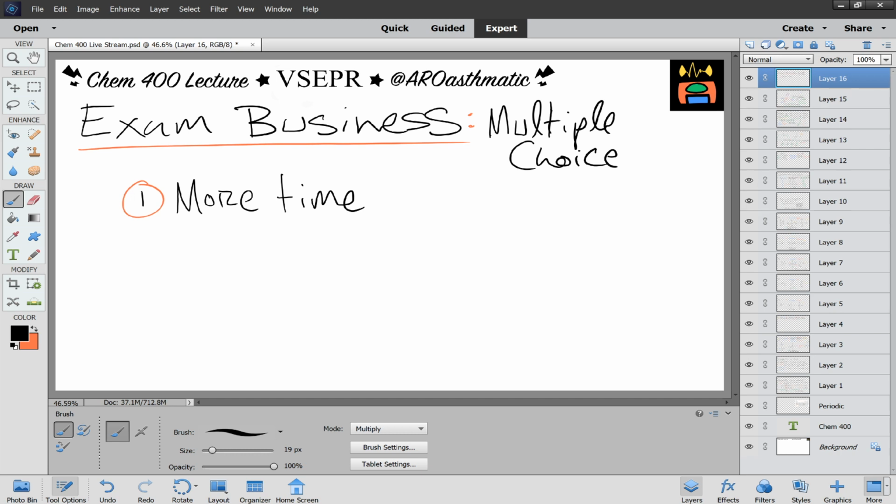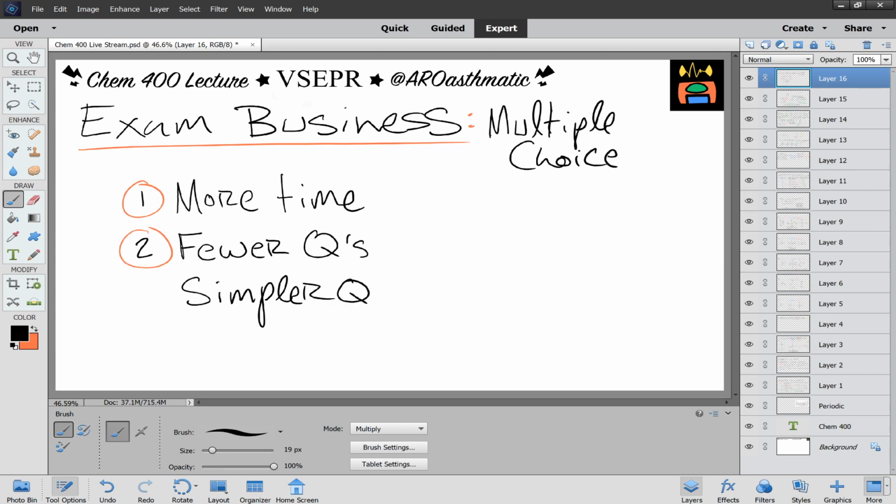Another thing that could soften it would be fewer questions, which is really just another way of saying more time, because if I keep the time the same but put fewer questions on it, you'll have more time per question. And then the third way to soften it is by putting simpler questions on the multiple choice exam.